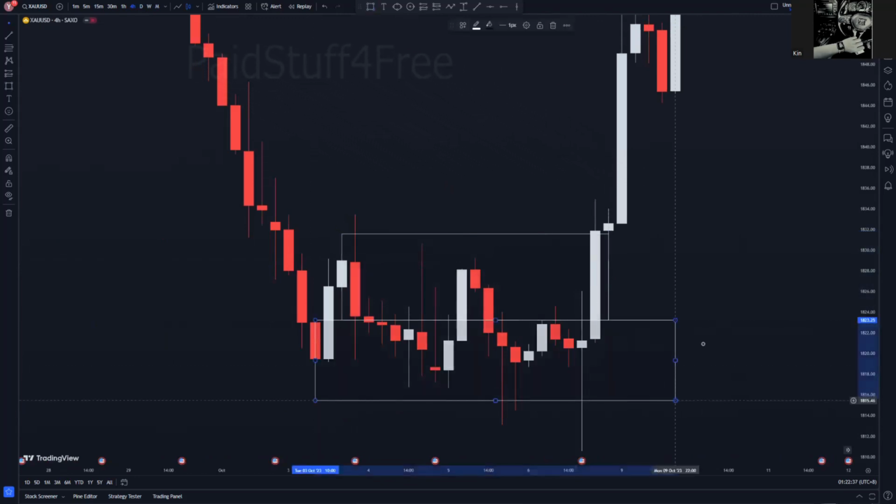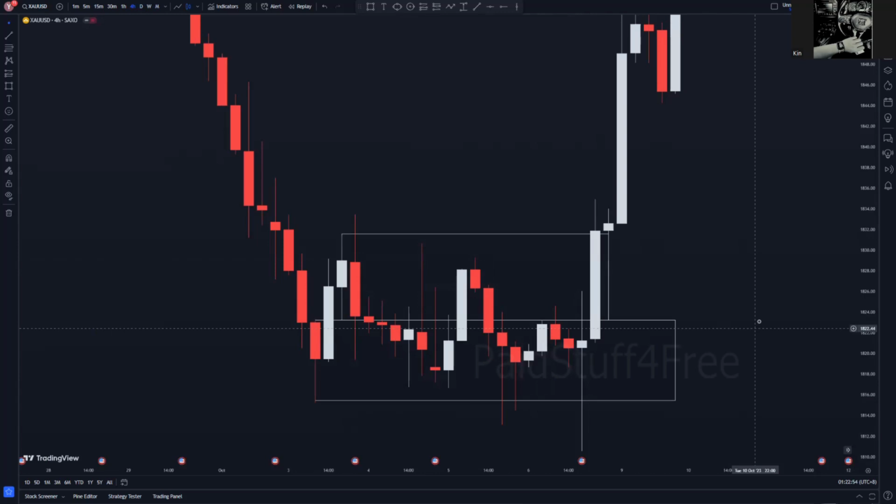Before we start marking the zones, remember what I said earlier: we need to be very flexible with the zones. How many times can a zone be used? Non-fresh? Bro, I've already explained it just now. No matter how many times the zone has been touched, yes, we can still use it as long as that zone is valid.